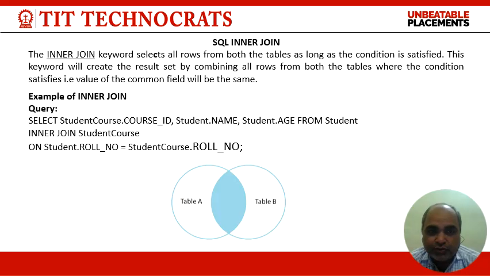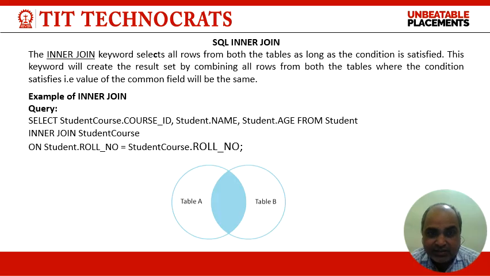For example, in a join query, we can write: select student.course ID, student.name, student.age from student inner join student course on student.roll number equals student course.roll number. Here in this query, we select two tables.